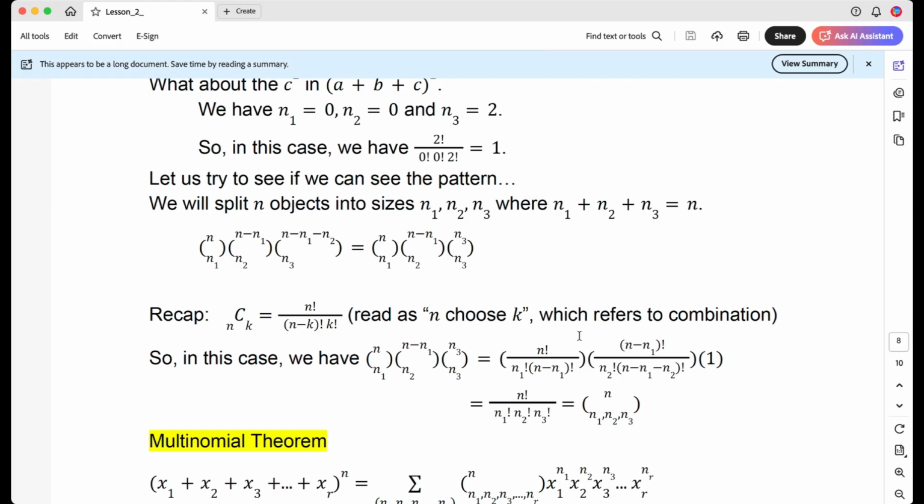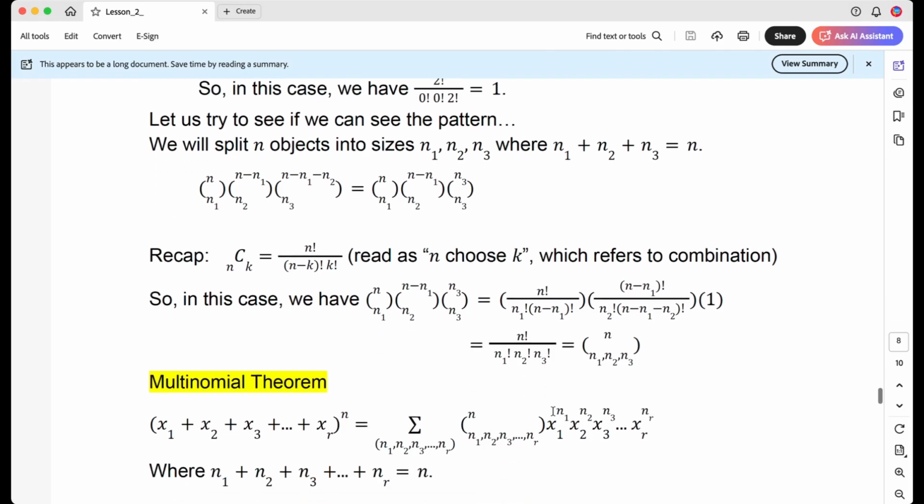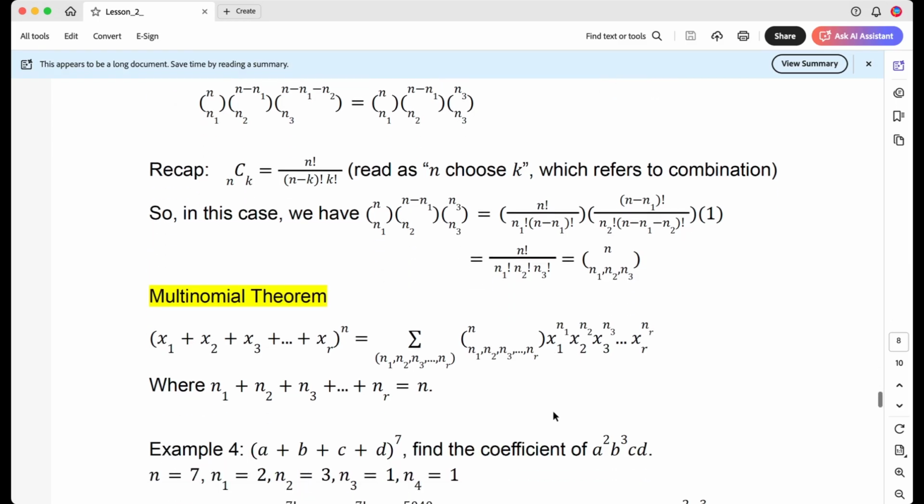So our total now is n minus n1, so we have that factorial upstairs. We're selecting n2, so we have n2 factorial downstairs. And then the difference, n minus n1 minus n2 factorial, but that's just n3. So the net result of all this, and I know it's very messy, is we have our permutation with duplicates formula here. And so this is the generalized formula for a multinomial going beyond the binomial situation.